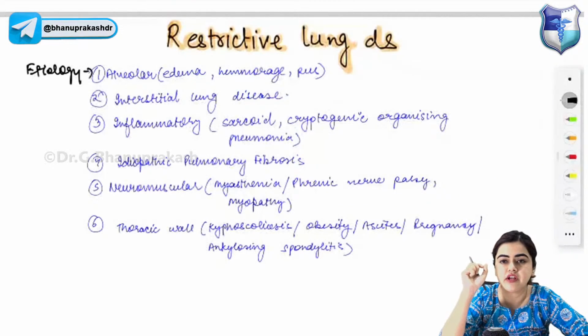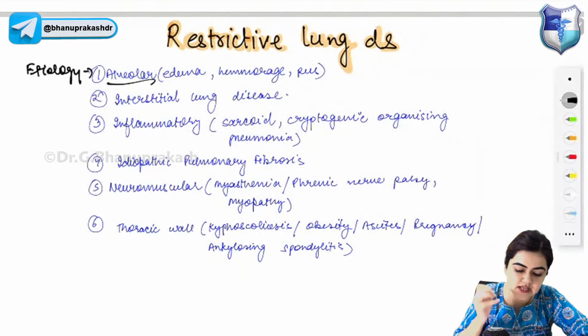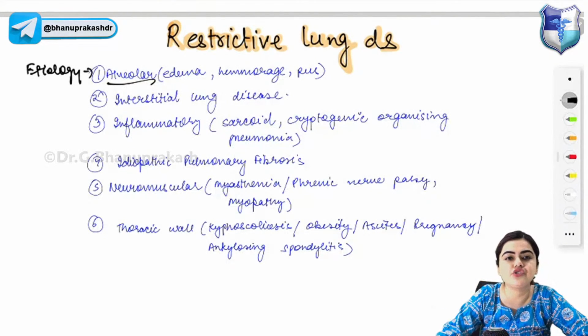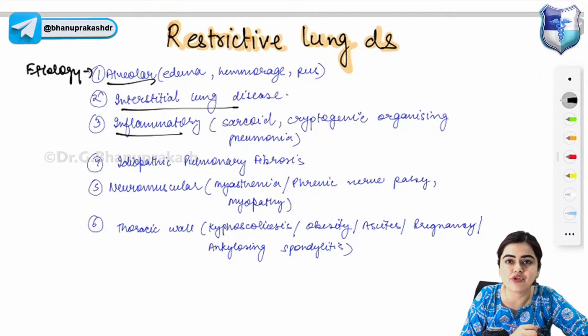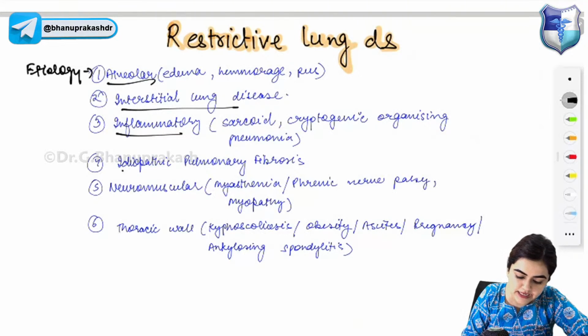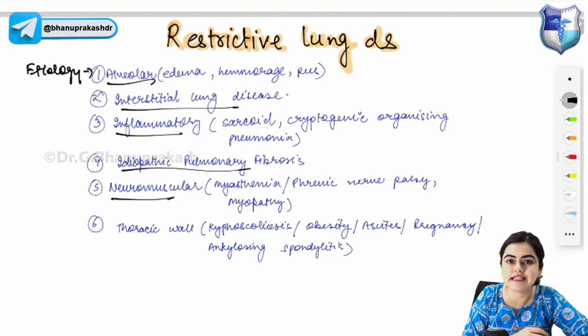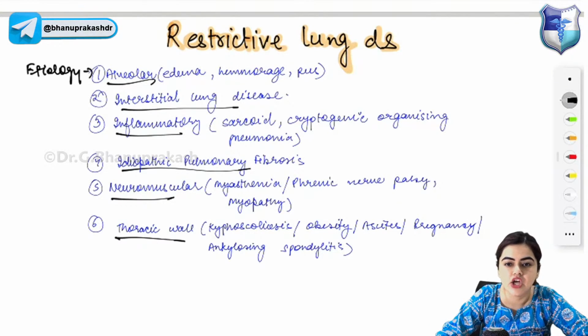Causes include alveolar causes, that is edema, hemorrhage, and pus; interstitial lung disease, inflammatory conditions like sarcoidosis, cryptogenic organizing pneumonia, idiopathic pulmonary fibrosis; neuromuscular causes like myasthenia, phrenic nerve palsy, myopathy; and thoracic wall causes like kyphoscoliosis, obesity, ascites, pregnancy, and ankylosing spondylitis.